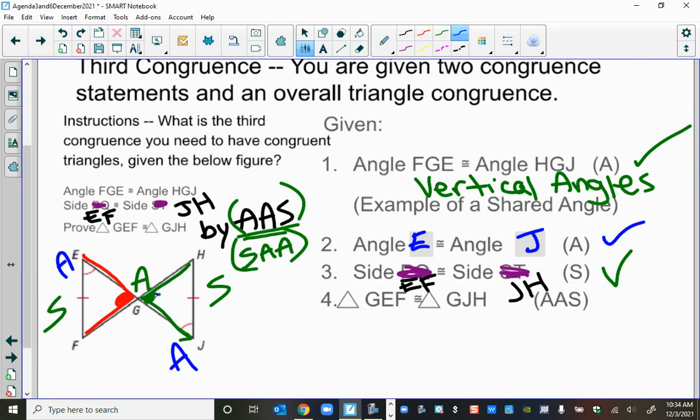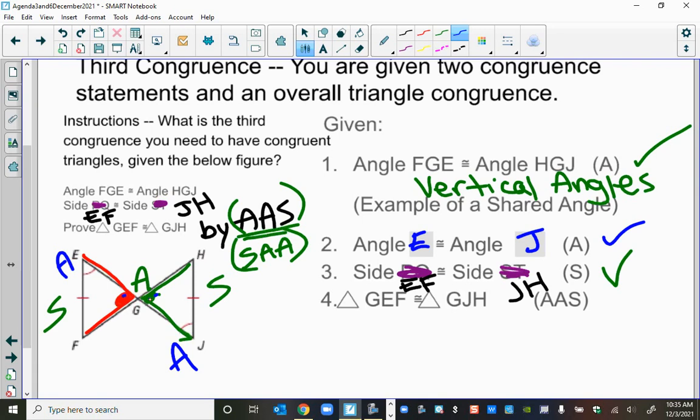Okay? So we go this way or this way, because this angle is automatically going to be congruent here and here. They're vertical. And then we notice you go down to J or go up to E, and those angles are congruent too.